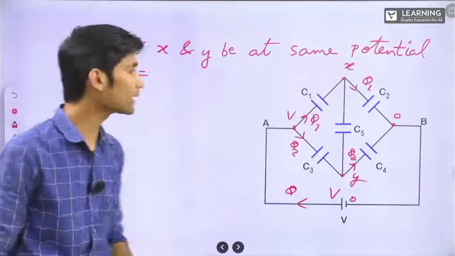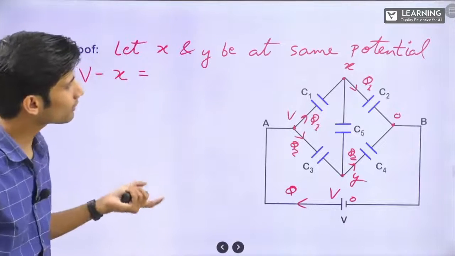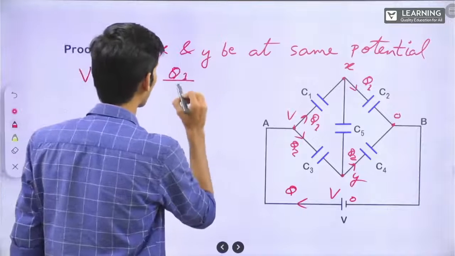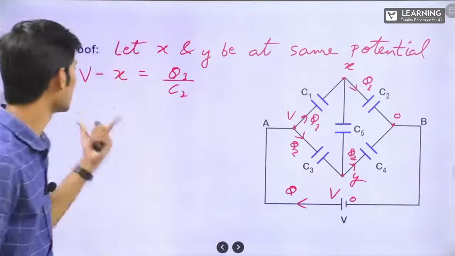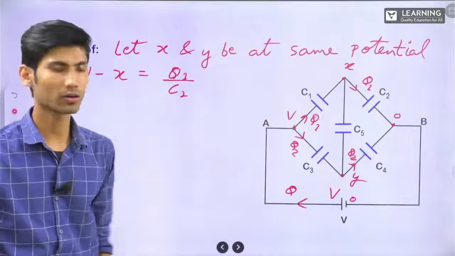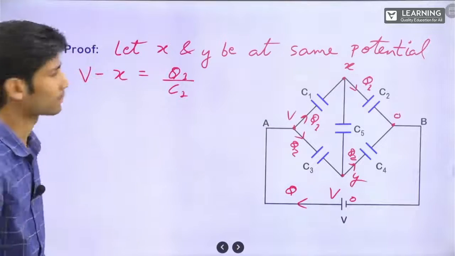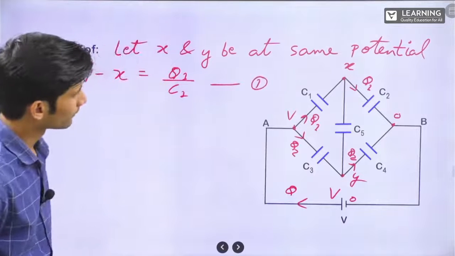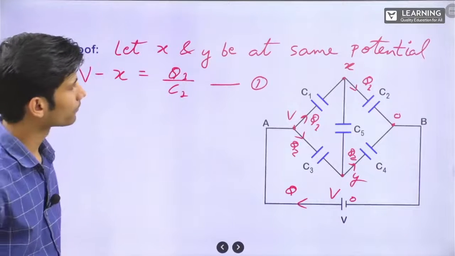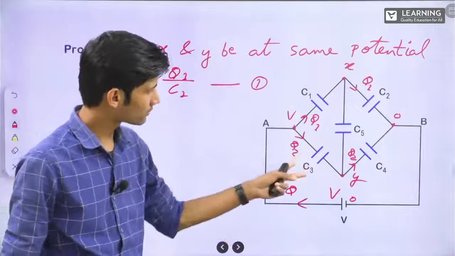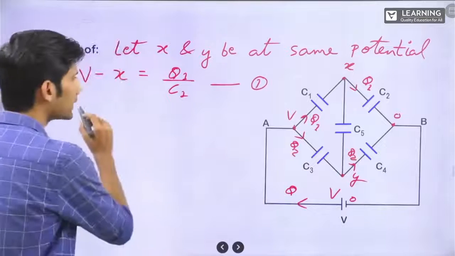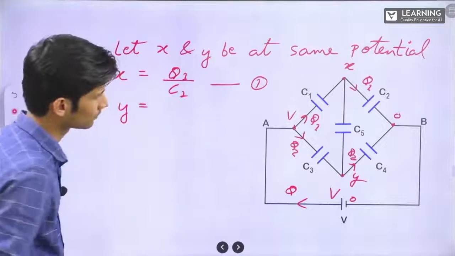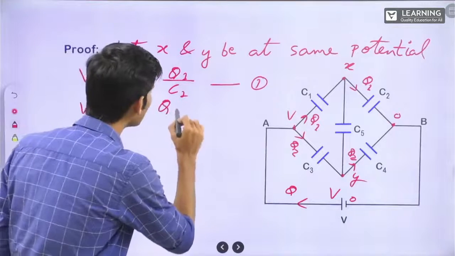The potential drop across C1 I can write as Q1 by C1, correct? Q is equal to CV, so V is equal to Q1 by C1. This is the first equation. Then the potential drop across C3 I can write as V minus Y is equal to Q2 by C3.